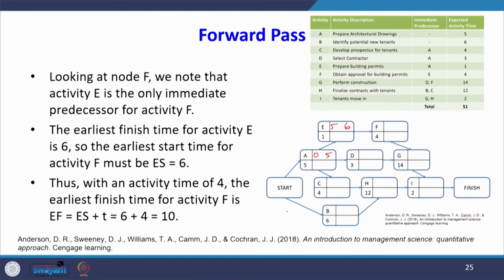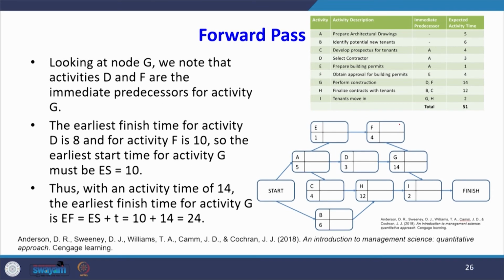Looking at node F, activity E is the only predecessor for activity F. The earliest finish time for E is 6, so the earliest start time for F must also be 6, and the duration of F is 4. So the earliest finish time will be 6 plus 4, which is 10.